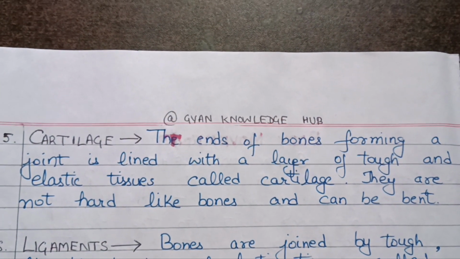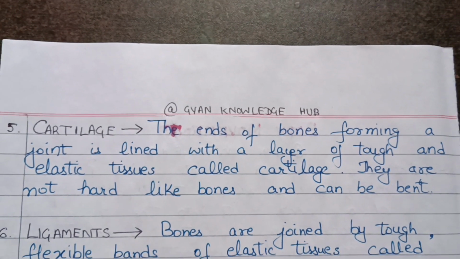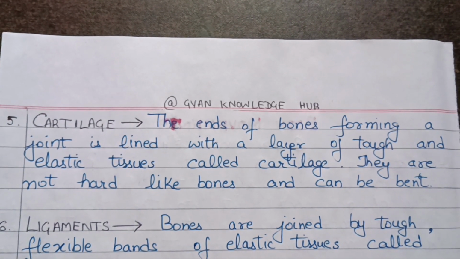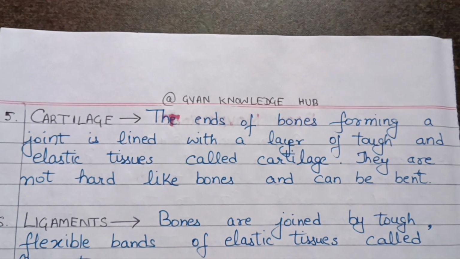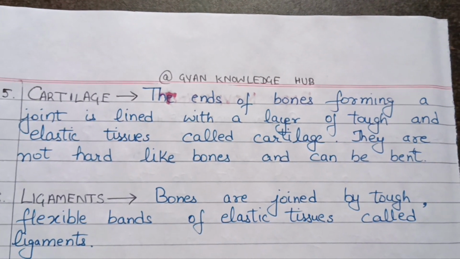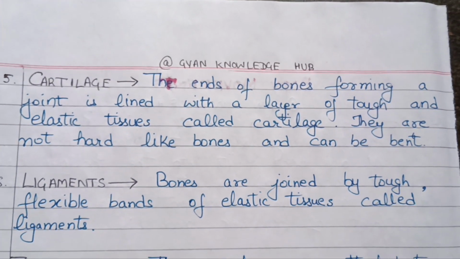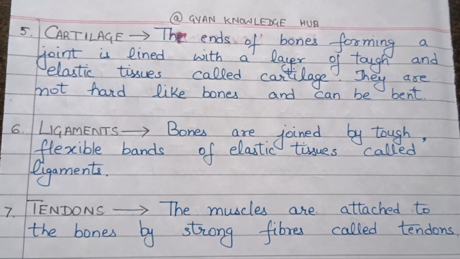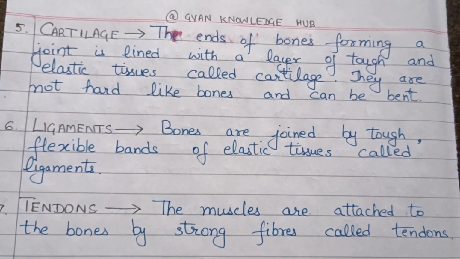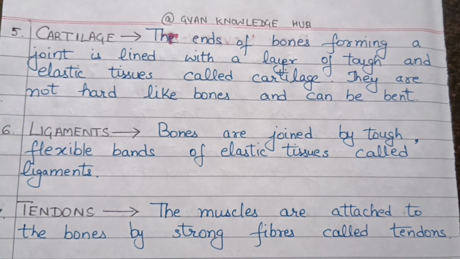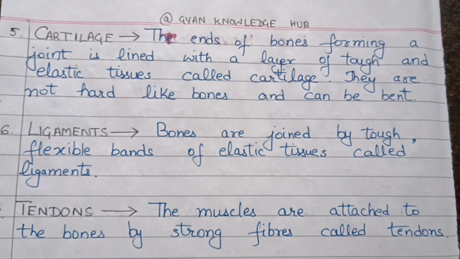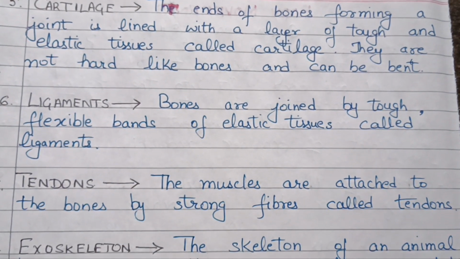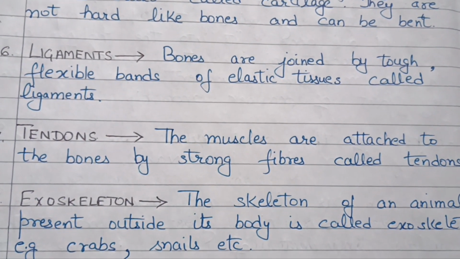Next, ligaments. Bones are joined by tough flexible bands of elastic tissues called ligaments. Next is tendons. The muscles are attached to the bones by strong fibers called tendons. Exoskeleton.